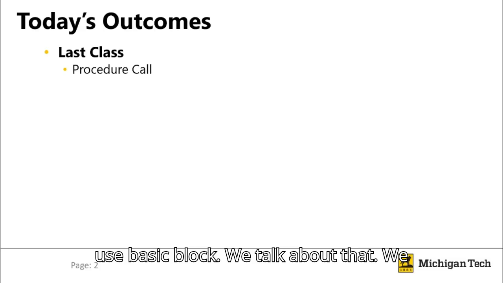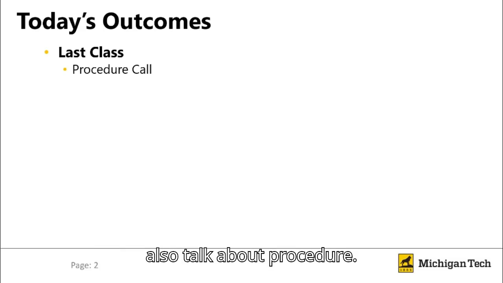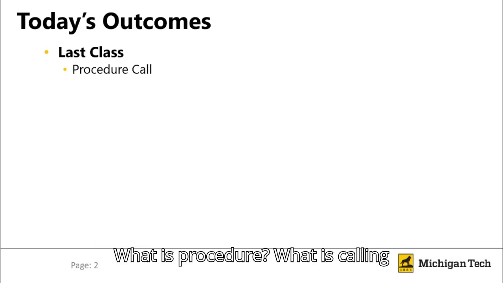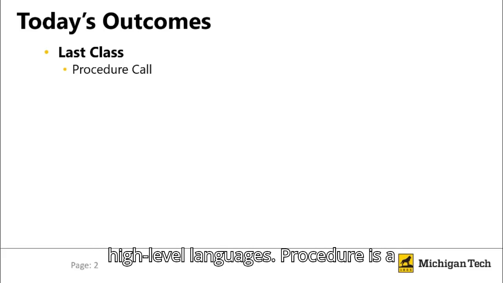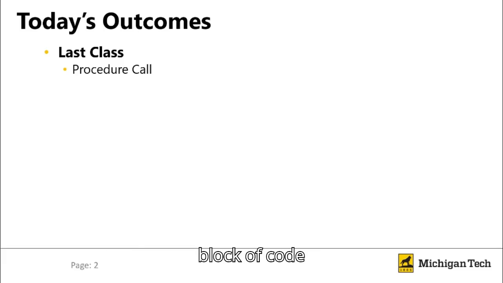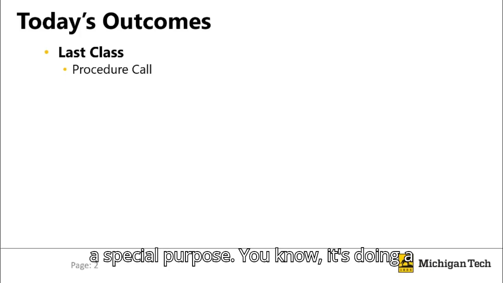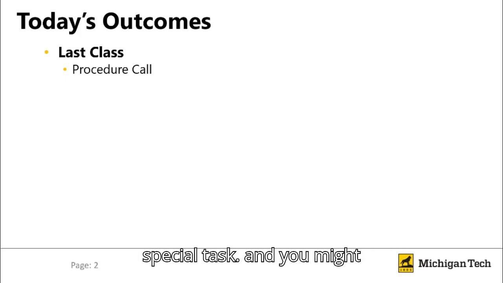We talked about that. We also talked about procedures. What is a procedure? What is calling a procedure? Of course, you had this in other high-level languages. A procedure is a block of code that has a special purpose. It's doing a special task, and you might reuse it many times.